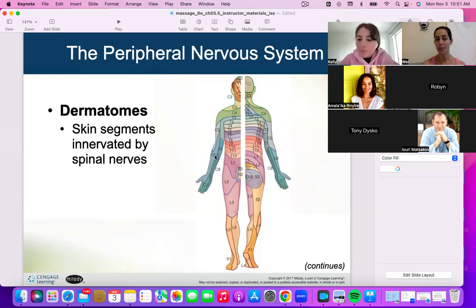So you can see C6 to the thumb, the radial nerve, C7 is going to be the middle 3 fingers, and C8 is going to be the ulnar side. So this is the idea of the dermatome. Each nerve that stems out innervates the surface of the skin and sensation for each section.